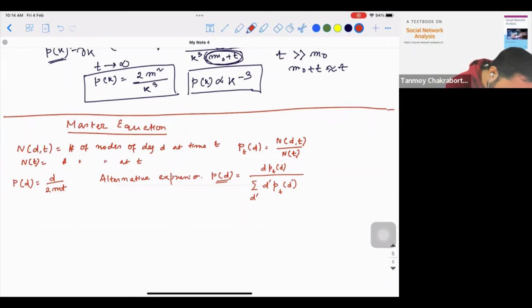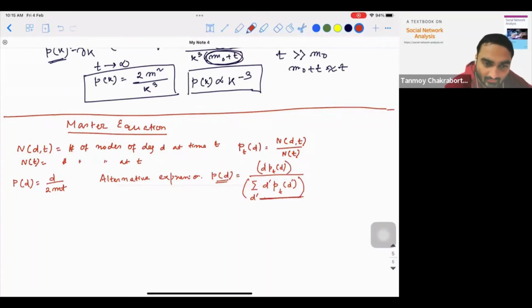Okay. So what is it saying? You take the sum over all d dash. What is d dash? d dash is a particular degree, right? And P t d dash is the probability of that degree. So what is this? This is the average degree, right? The denominator is the average degree, and the contribution of this particular degree in that sum is the numerator, right?